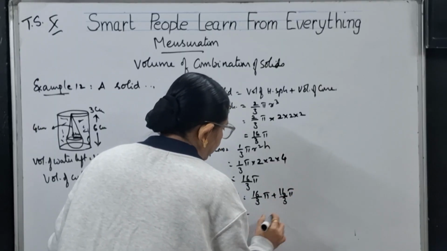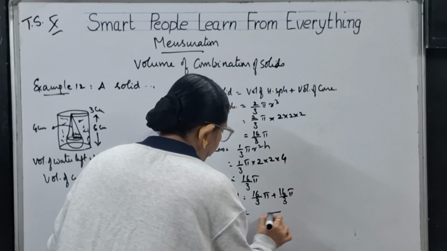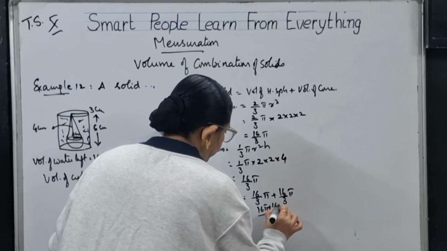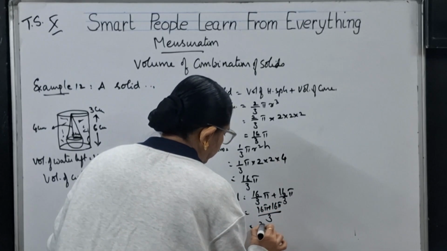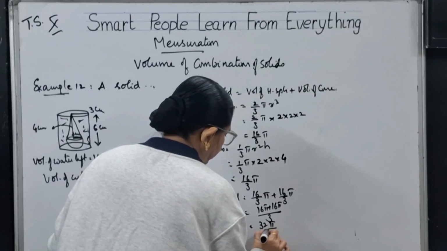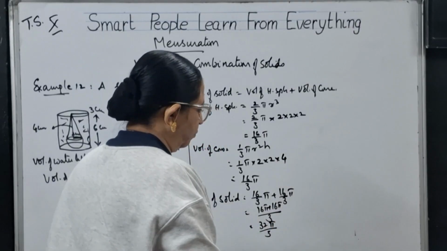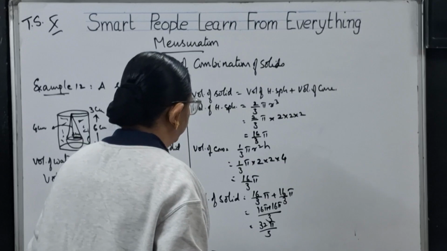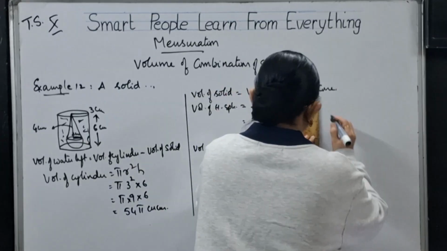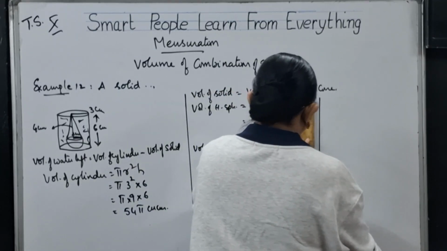That means LCM, if you take 3, LCM is 3, no? So 16 pi plus 16 pi, that is equal to 32 pi by 3 is the volume of the solid. Now what we need to do? Volume of water left.